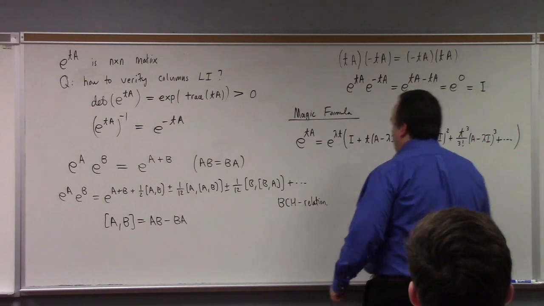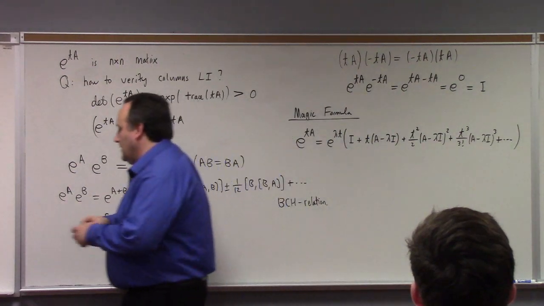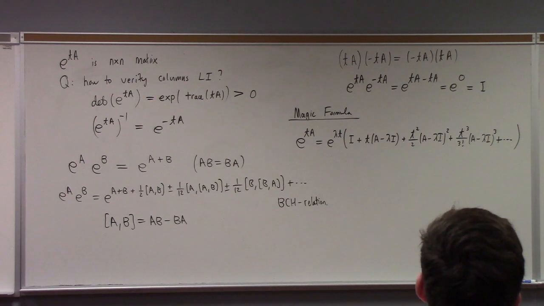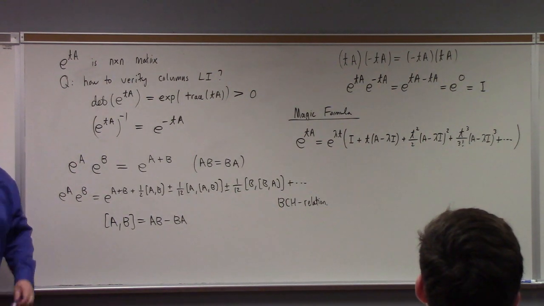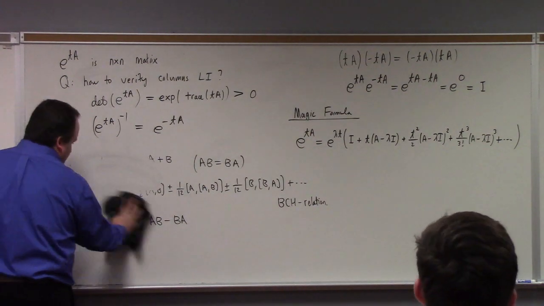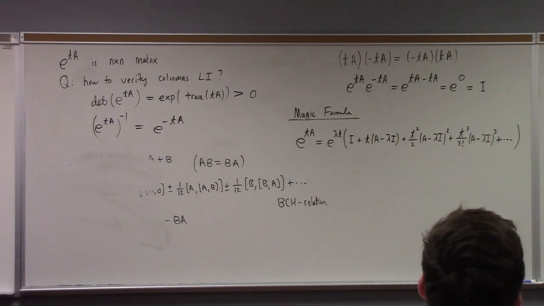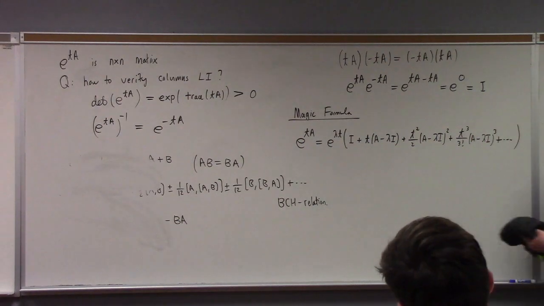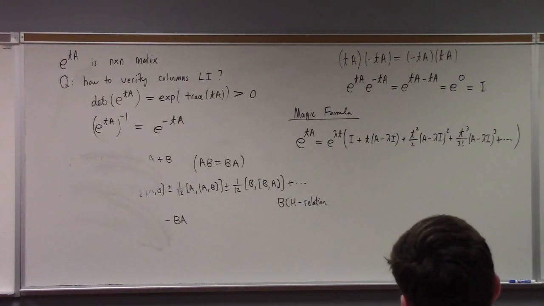Now you might wonder, where does this magic formula come from? The answer is a short calculation. Let me do it. So this identity I wrote is true for any real or complex scalar lambda.